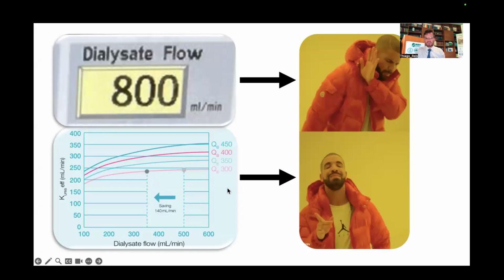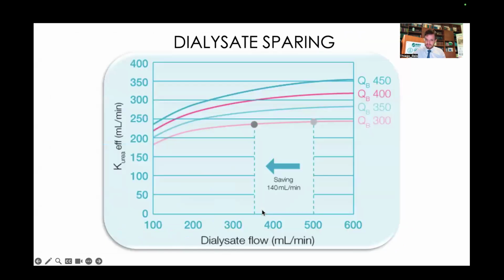Importantly, dialysate flow should not be above 400. In many centers, a huge dialysate flow of 800 is still applied, but this does not make sense. Here in this figure, in the x-axis, we have dialysate flow, and in the y-axis, we have the urea clearance.